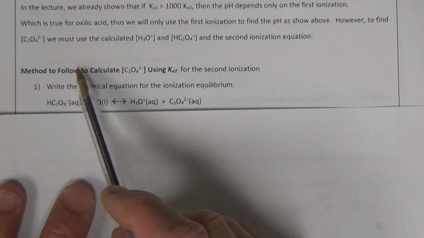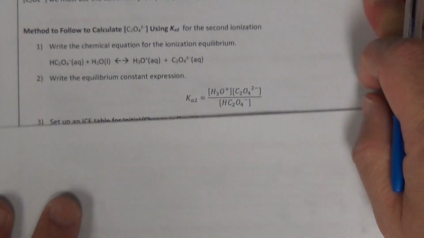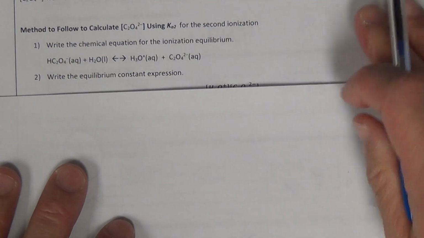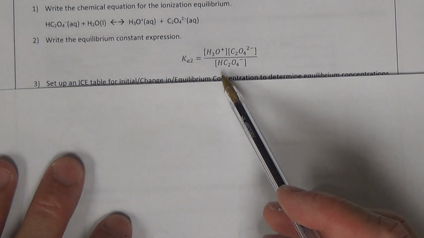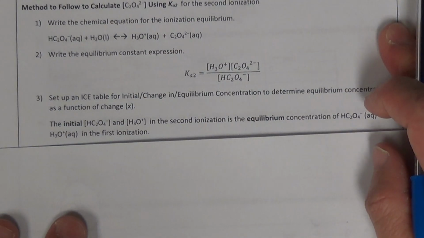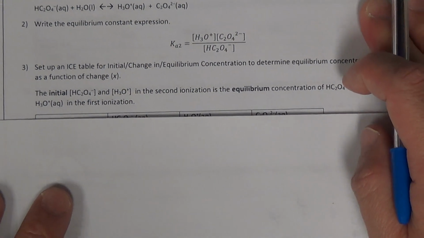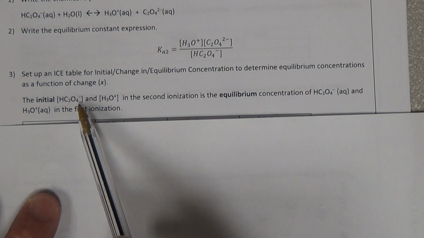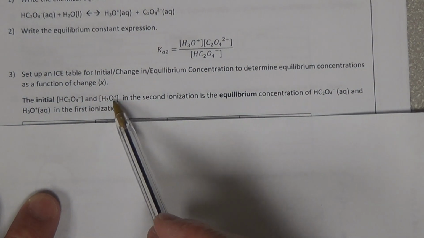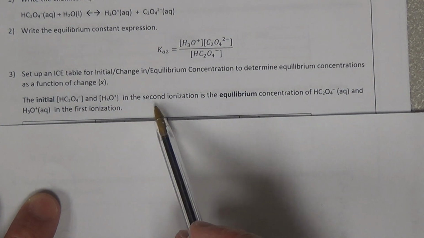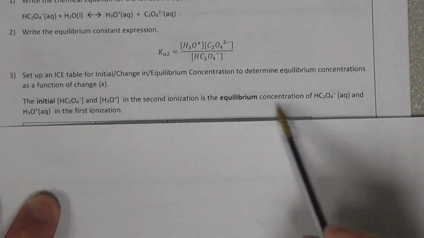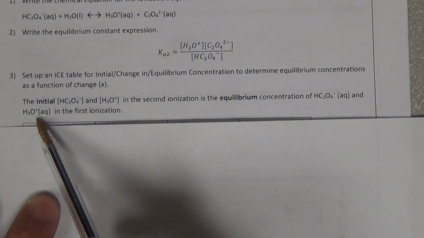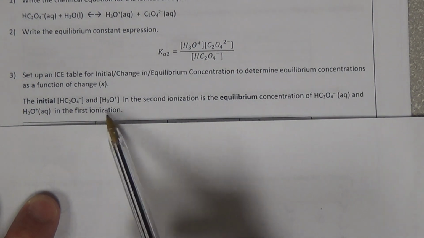So therefore, we will do our second ionization equation, and then write up the Ka2 for the second ionization, and then we will set up the IC table as we said before. The initial HC2O4 negative and H3O plus concentration in the second equation is the equilibrium concentration of the HC2O4 negative aqueous and H3O plus concentration in the first ionization.